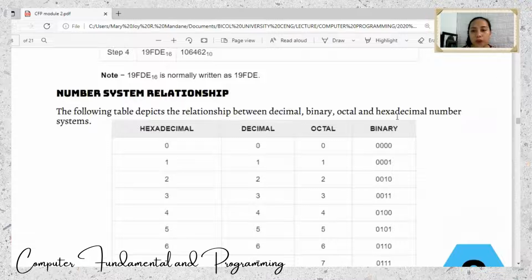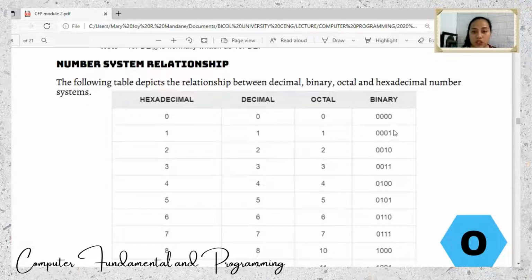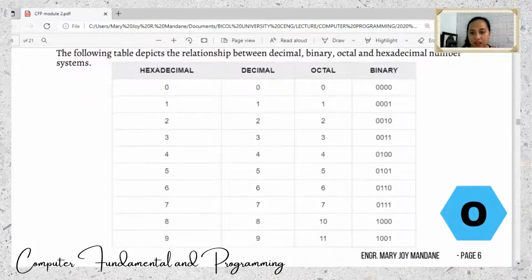Okay? So, binary: 0, 0, 0, 0. Then here starts the 1. Then for the 2, this is where our binary starts. Then the 3, because it's 2 plus 1. Then this is 4.